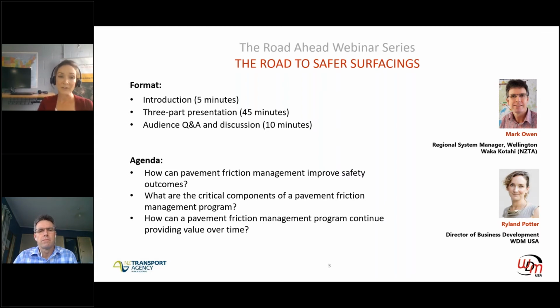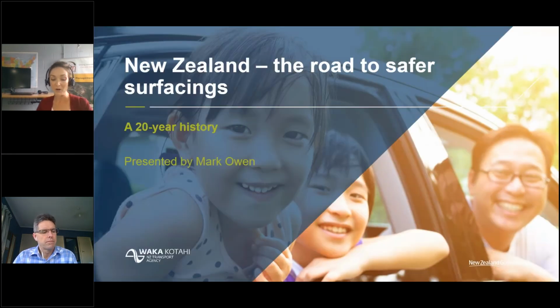And so now a brief introduction to Mark. Mark Owen is the Regional System Manager for the Wellington region at Waka Kotahi, the New Zealand Transport Agency, or NZTA. Mark has held a number of roles spanning operational highway maintenance and management, asset management, and planning and specification development since he joined NZTA more than 20 years ago.